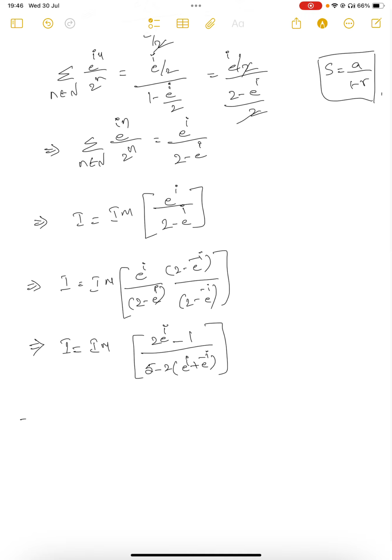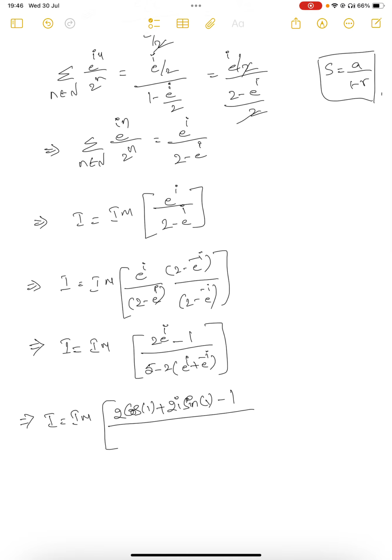That is, I equals the imaginary part of 2 e power i minus 1 over the denominator. e power i theta is cos theta plus i sin theta, and here theta is 1. Then the numerator will be 2 cos 1 plus 2i sin 1 minus 1.